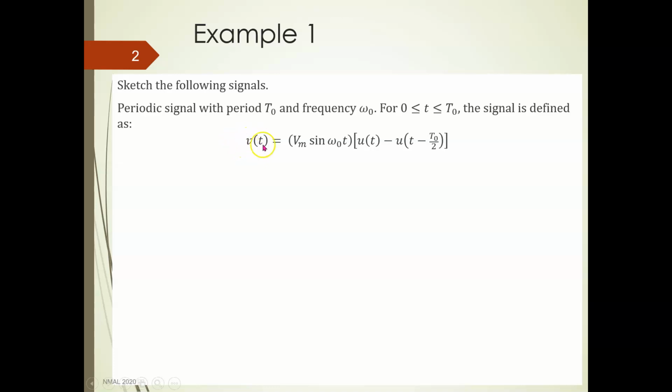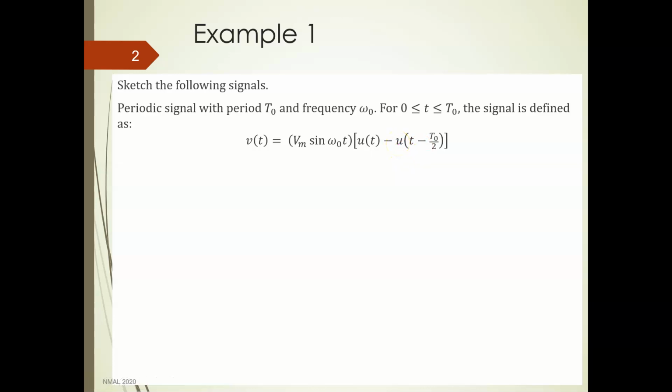This is a periodic signal with period t0 and frequency omega naught. So for t between 0 and t0, the signal is defined as Vt equivalent to Vm sine omega naught t multiplied by ut minus t0 over 2.